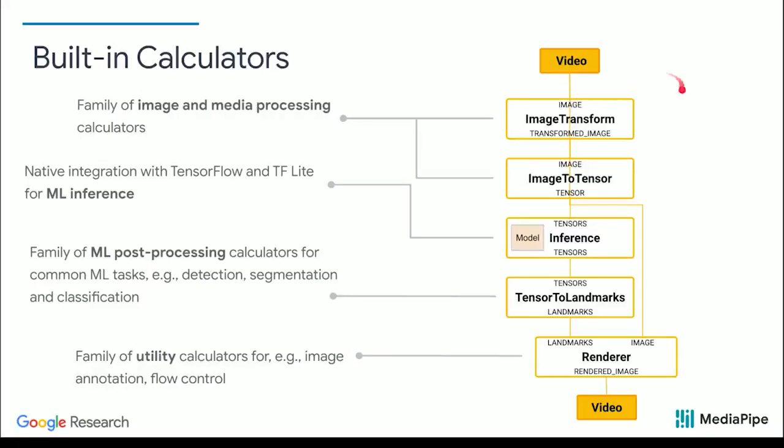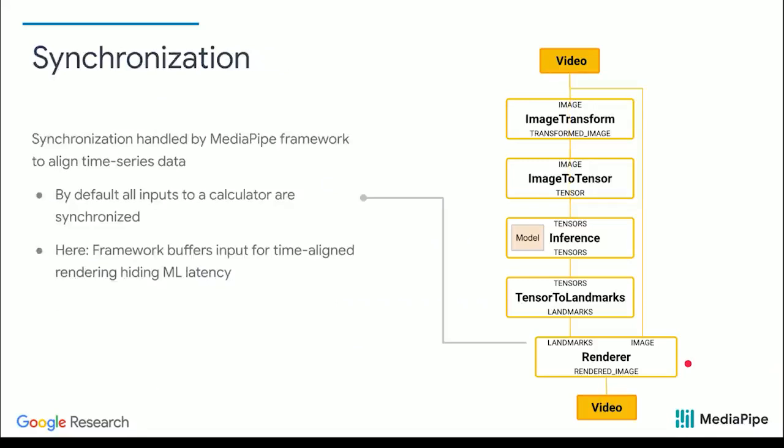MediaPipe comes with a variety of built-in calculators for image and media processing. It also comes with calculators to make inference very easy, leveraging TensorFlow and TensorFlow-Lite, and then has a variety of post-processing calculators for common machine learning tasks, as well as utility calculators, for example, for annotation, rendering, or flow control.